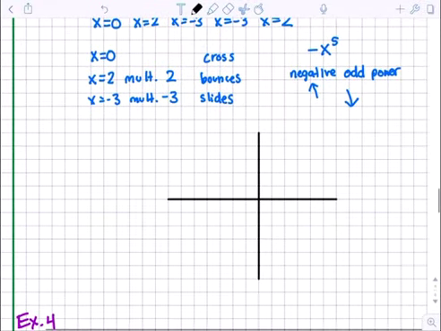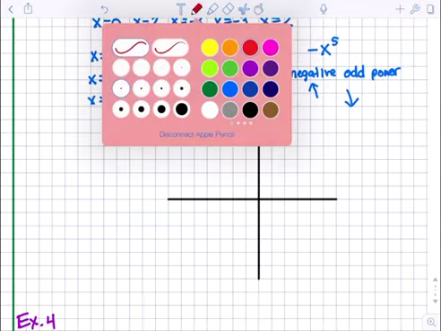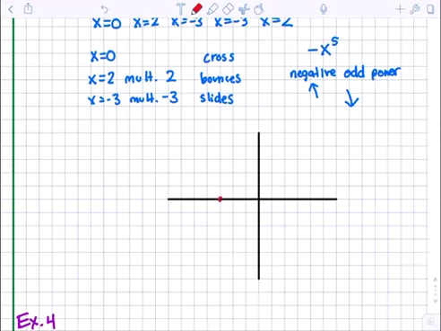Okay, so the first one I'm going to graph is negative 3. x is equal to 2. And x is equal to 0. So those are our zeros. I'm going to write in our end behaviors, which is up and then down. And now we can finally make a sketch of our polynomial.